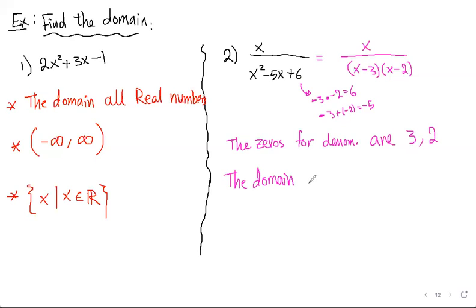So the domain is all real numbers except these two numbers, except 3 and 2.